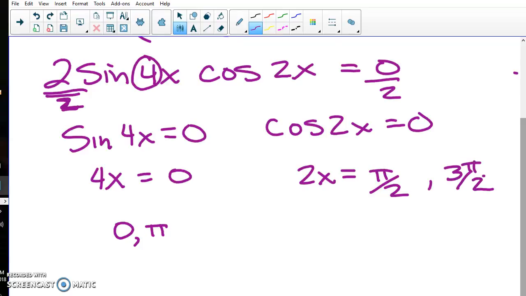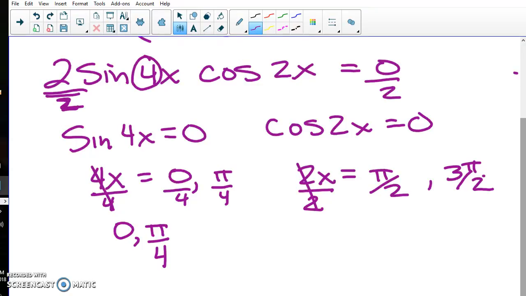So in order to solve this, we are dividing both of these by 4. So it's 0 over 4, which is still just 0, and pi over 4. So those are our two answers to solve for x. Over here we're solving for x again, dividing by 2. 2x is equal to pi halves.